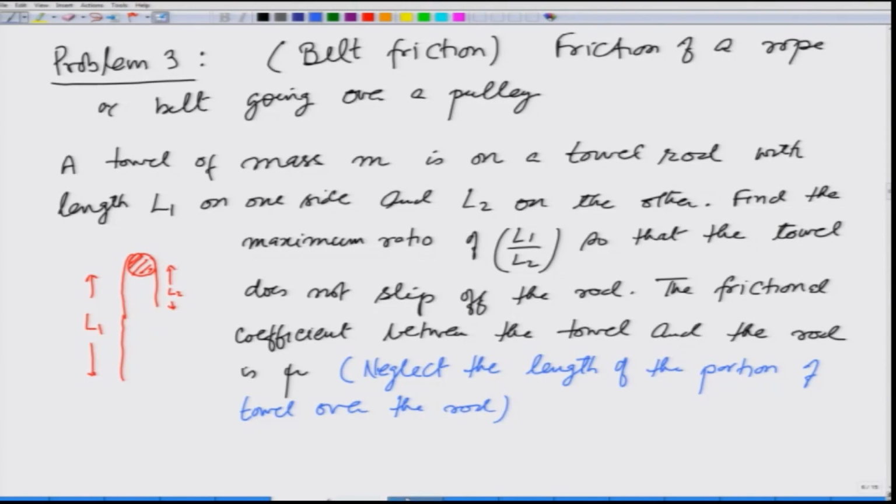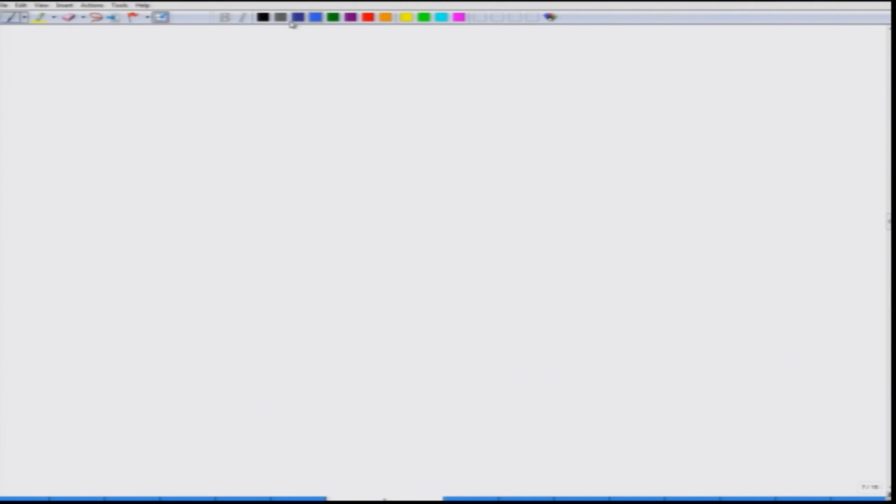So, let us see what is happening. I will make a bigger picture. Here is the towel on one side, here is the towel on the other. This is being pulled down by the force M1 G, and this is being pulled down by the force M2 G.